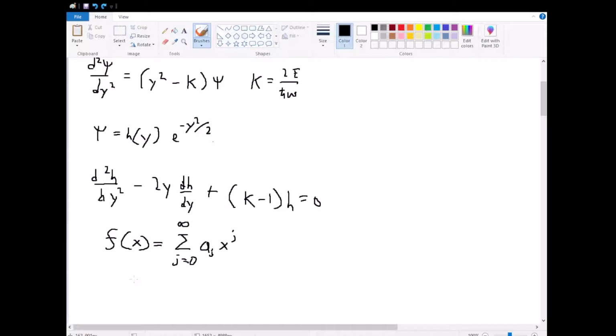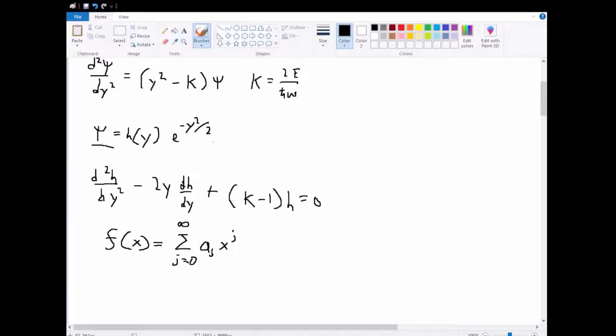What we mean by that is that we have to be able to take derivatives of f of x without any issues, as many times as we want. What this means graphically is that f of x has to be smooth and continuous. And these are both reasonable assumptions to give to h, because remember that h is part of psi, and psi has to be normalizable.